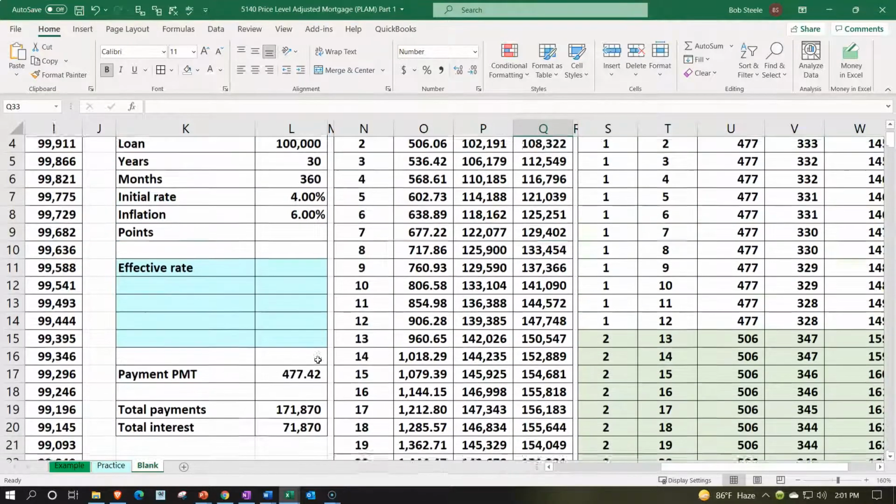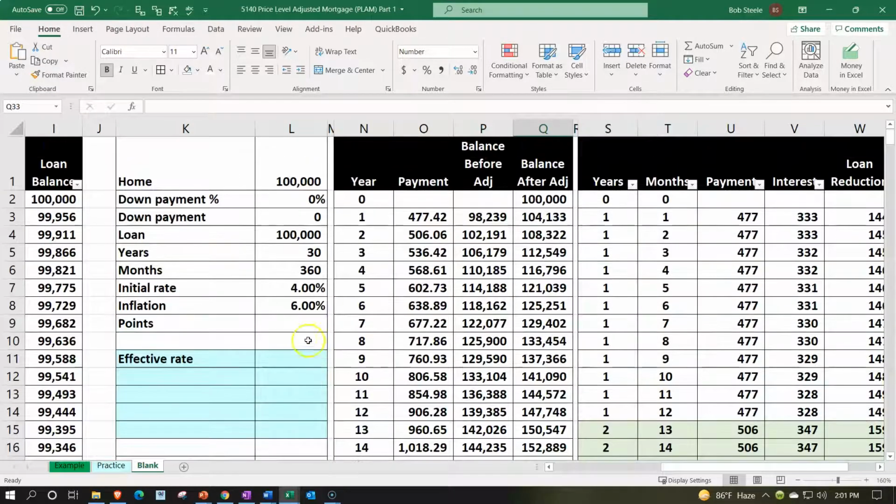This is going to differ depending on what our inflation is. You can note that the inflation here is higher than the rate. So if we have a rate that's basically locked in, we're still impacted by the inflation because the balance is going to be adjusted by it. The inflation in this case is higher than the interest rate, which results in that kind of pattern. So we can map this out.